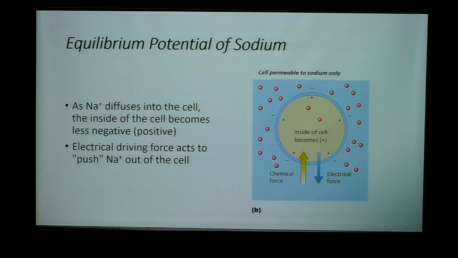There's no longer that sodium to counteract or balance that chloride outside. So the outside becomes more negative, the inside becomes more positive. And so we have two forces in the opposite direction once again: a chemical force going in and an electrical force going out. Does everyone understand how we got this? Again, this is a hypothetical cell only permeable to the movement of sodium. This is not what happens actually.